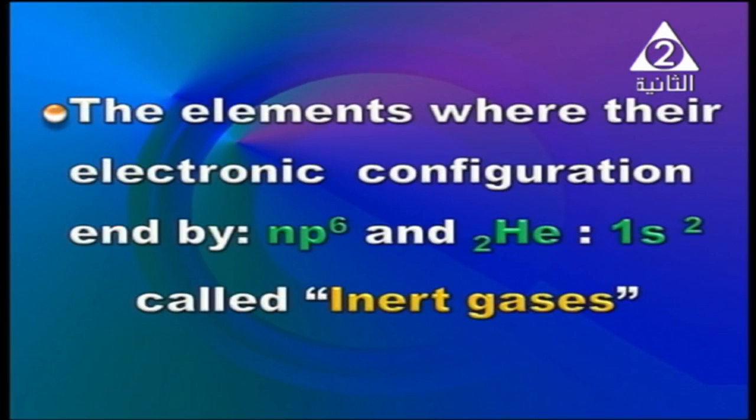And the elements whose electronic configuration ends by filling the p sublevel that contains 6 electrons, and helium, which has electronic configuration 1s2, are called inert gases.